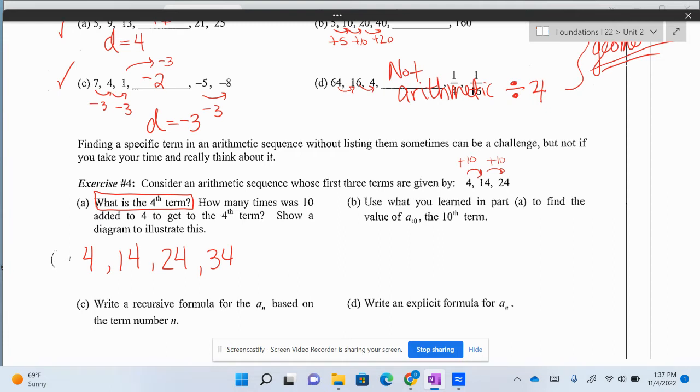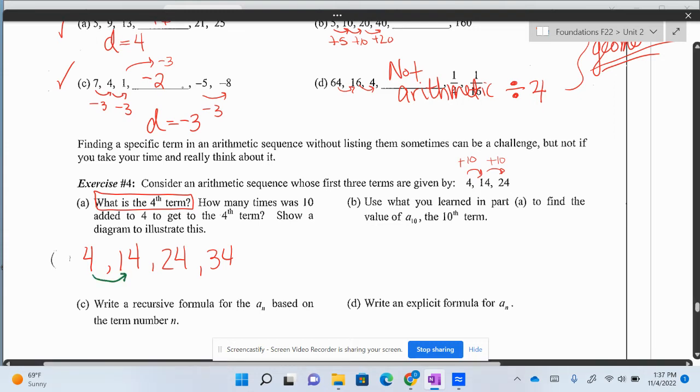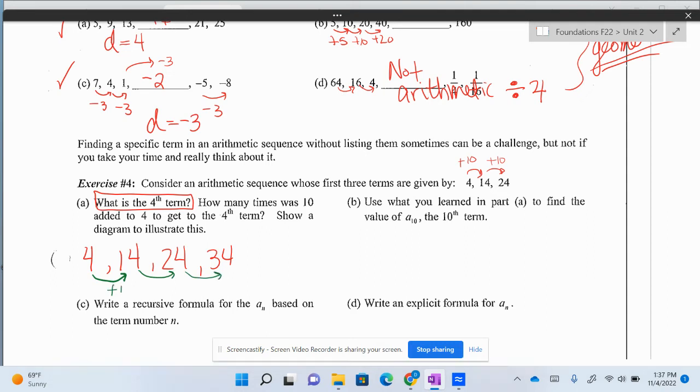So the question really about this is, we know that the fourth term is 34, but how many times did I have to add the number 10 to the first term to get to the fourth term? How many times, Tyler? I had to add it 3 times. We added 10 3 times to get the fourth term.